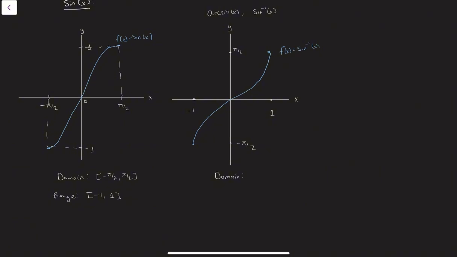The domain is between negative 1 and 1, and the range is between negative pi over 2 and pi over 2. So we have just introduced a one-to-one version of the sine of x function, and it has an inverse within this specified domain.